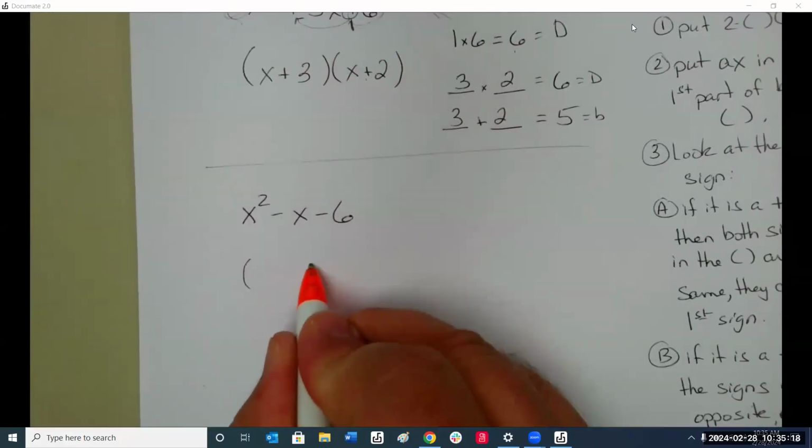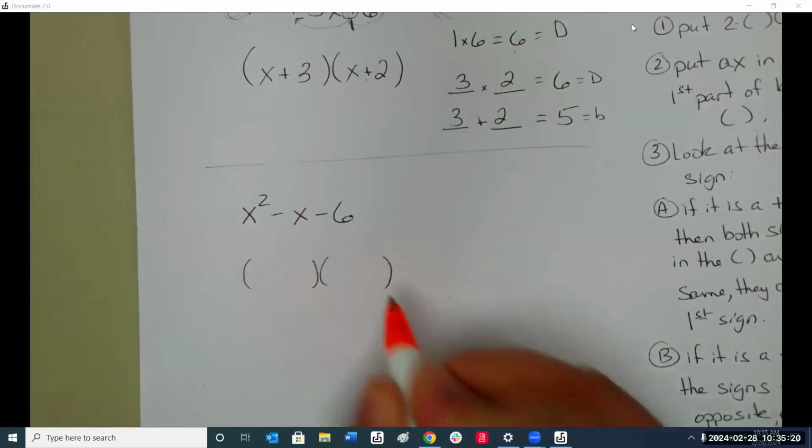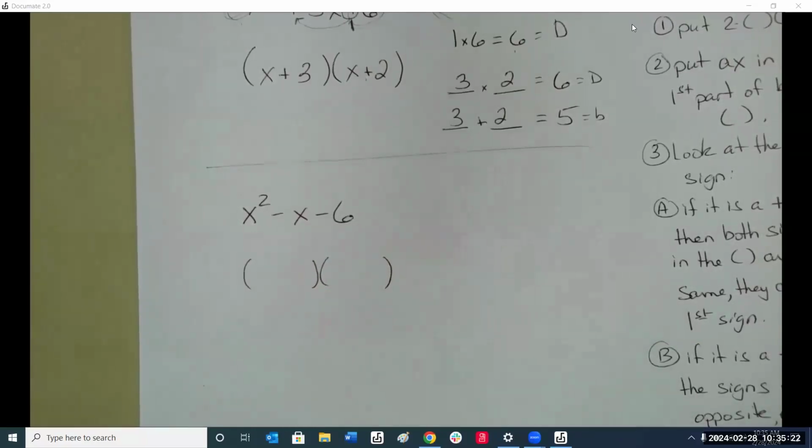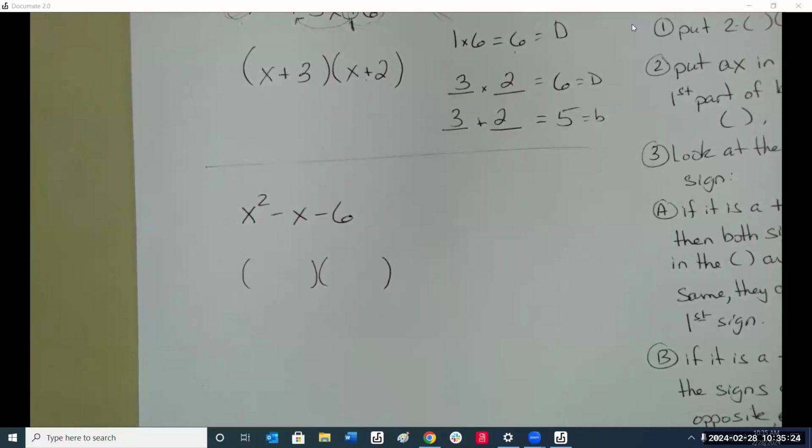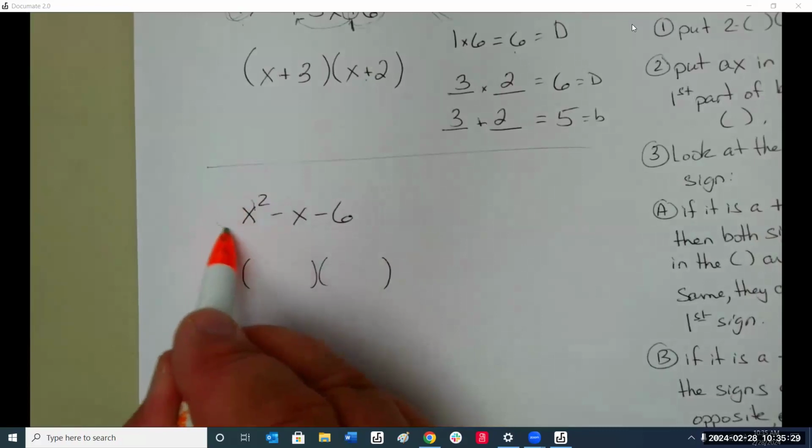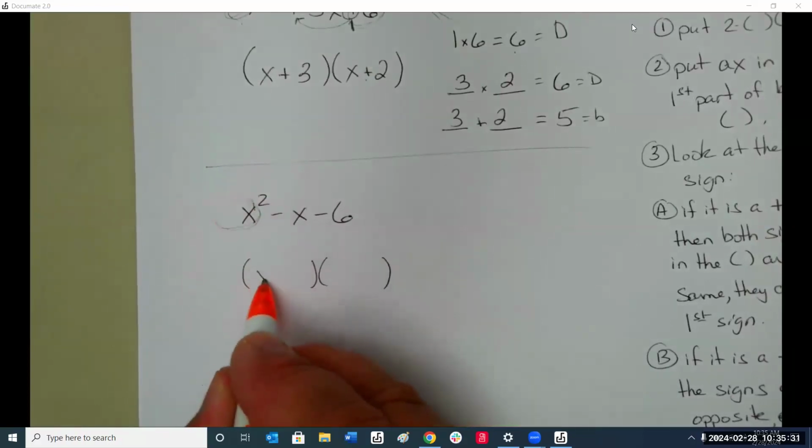So since we're going to factor those, I put the parentheses out there. According to the procedures, what do I do first? Whatever this first number is here goes in the first spaces.